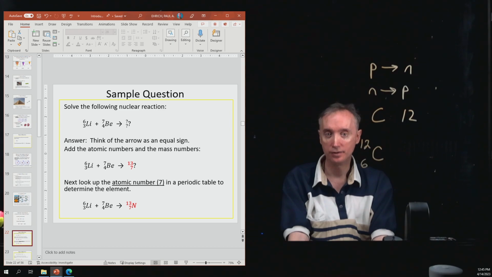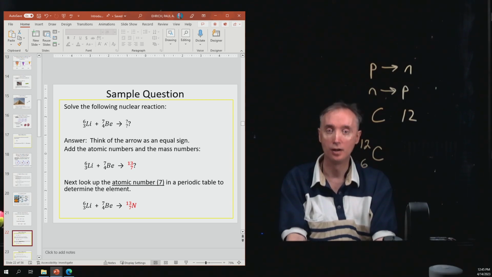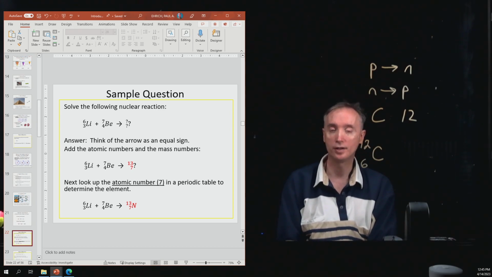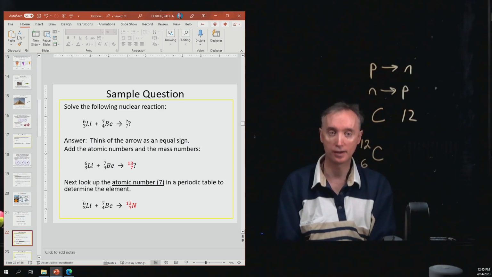You're going to add the bottom numbers. Okay, then you'll have your periodic table and you will look up on the periodic table the bottom number, the atomic number, because that is a unique number for each element. And then once you know what element it is, then you put that down.